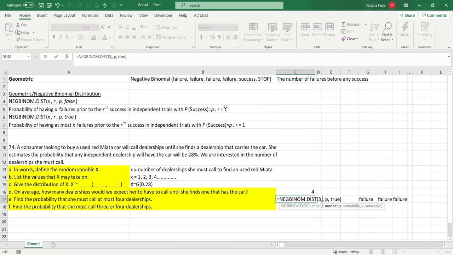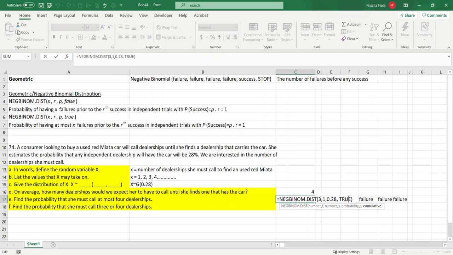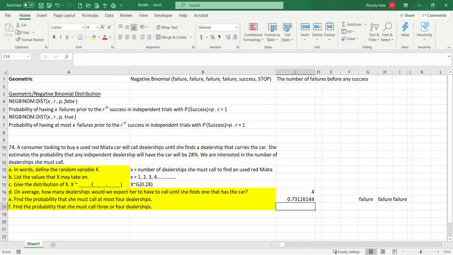The R is going to denote success. So you want 100% success. P is going to be the probability that is given to you right here on the problem, and it's telling you to use true for at most, right? Oh, you already did. So, okay. And then true. So the probability is going to be 73%.